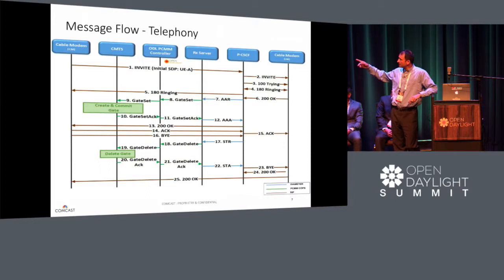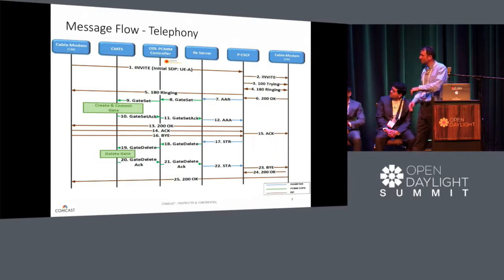The second important part is that the session termination request, once received from the P-CSCF, triggers the generation of gate delete messages, which are sent over to the CMTS to clear the established service flow.